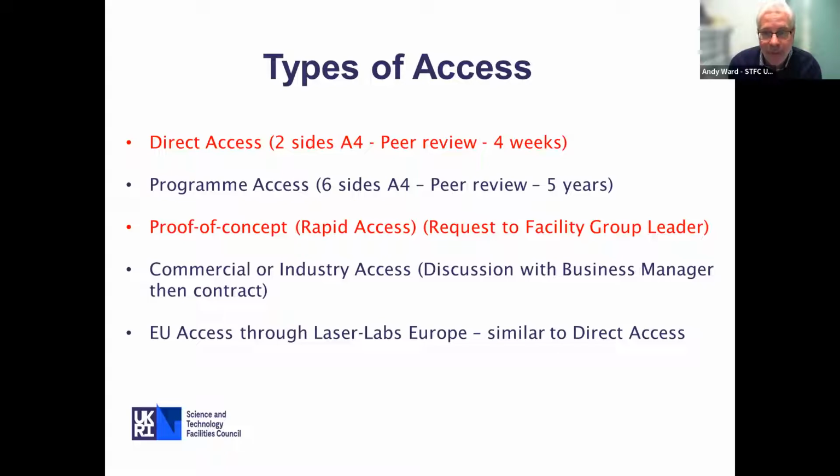We also have proof of concept. That is a rapid access. That is typically half a day or a day, where you will try and use the facility just to try and get sufficient results to support a direct access application.